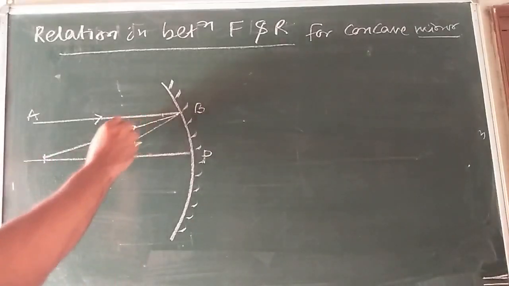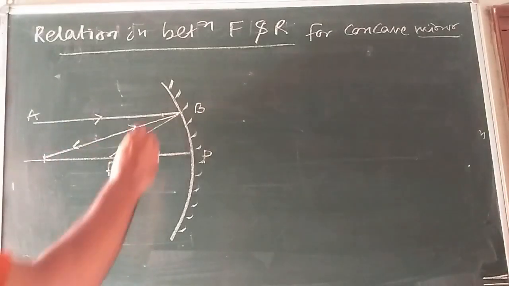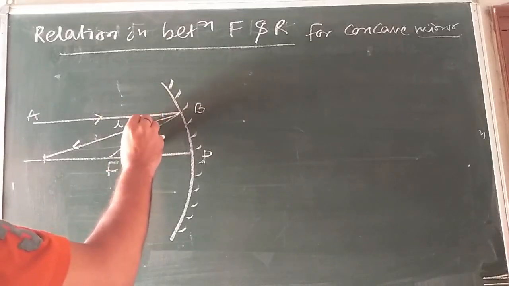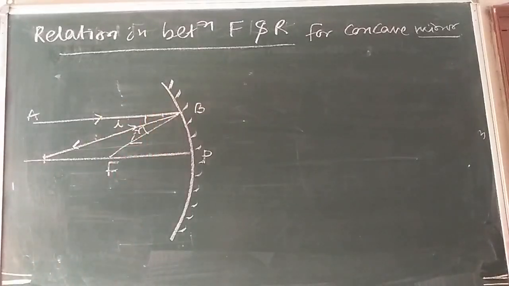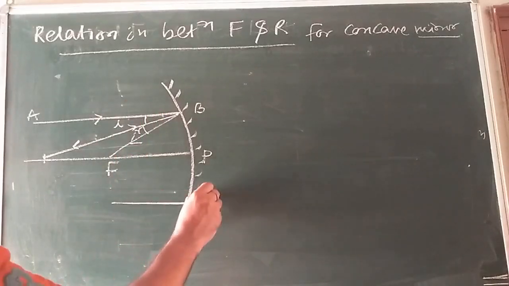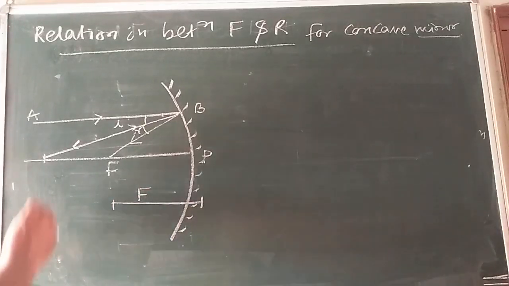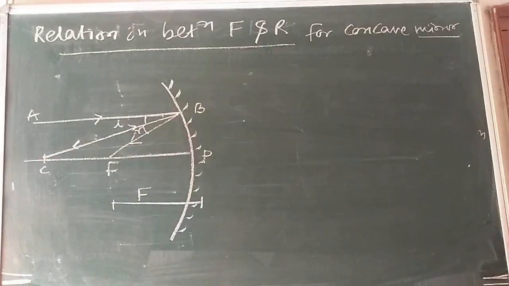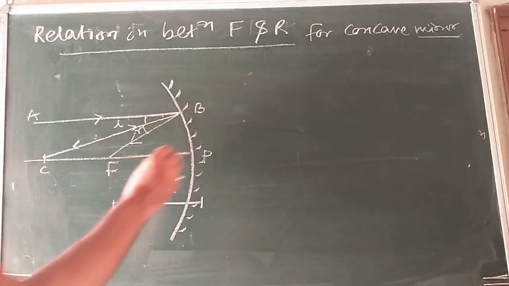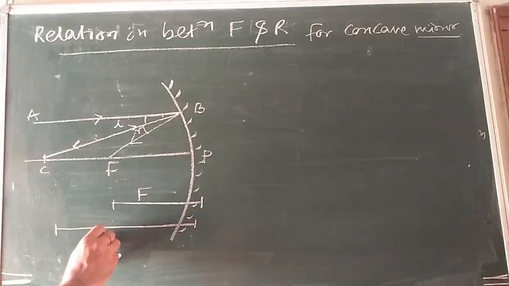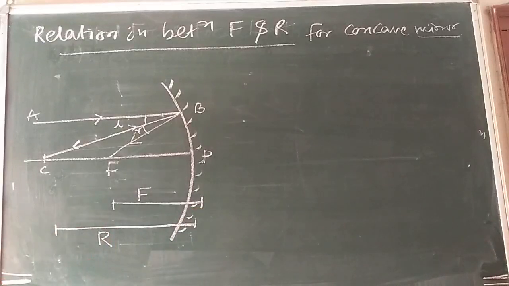So this angle here is called angle of incidence and this angle is called angle of reflection. The distance from P to F is called focal length. Here it is the center of curvature. So the distance between pole and center of curvature is called radius of curvature. Draw this figure. Then we are going to see the relation between F and R.